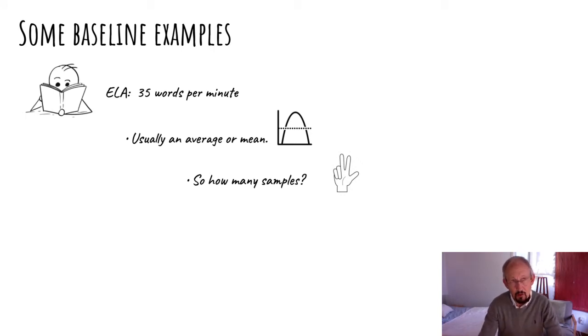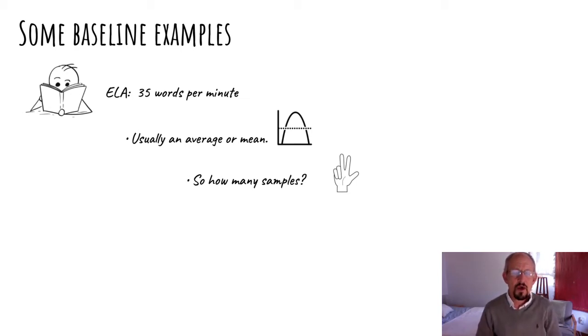So now the question becomes, how many samples am I looking to have? And here one wants to begin to think about the kinds of things that can affect variability in performance of whatever the behavior might be.